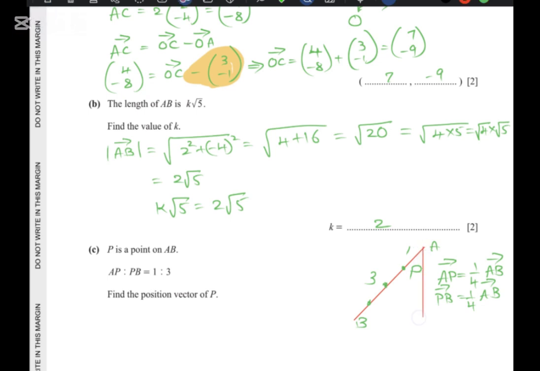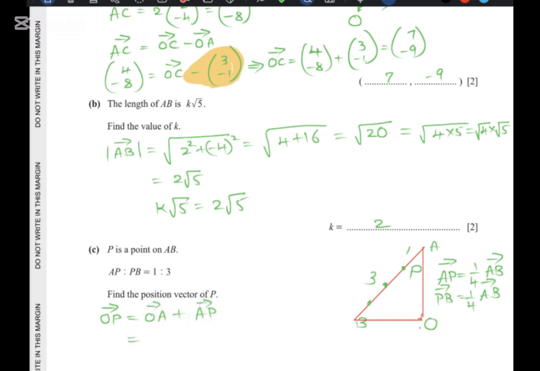So now this is O. So OP will be OA plus AP.